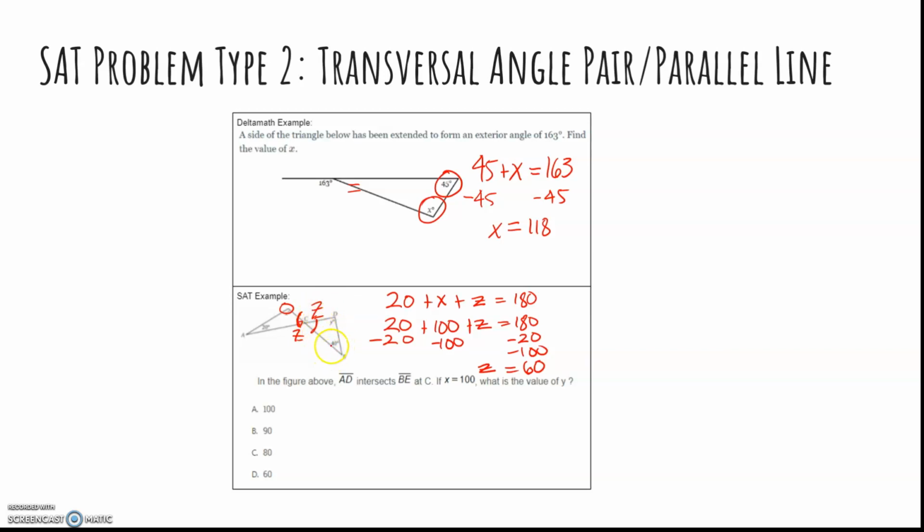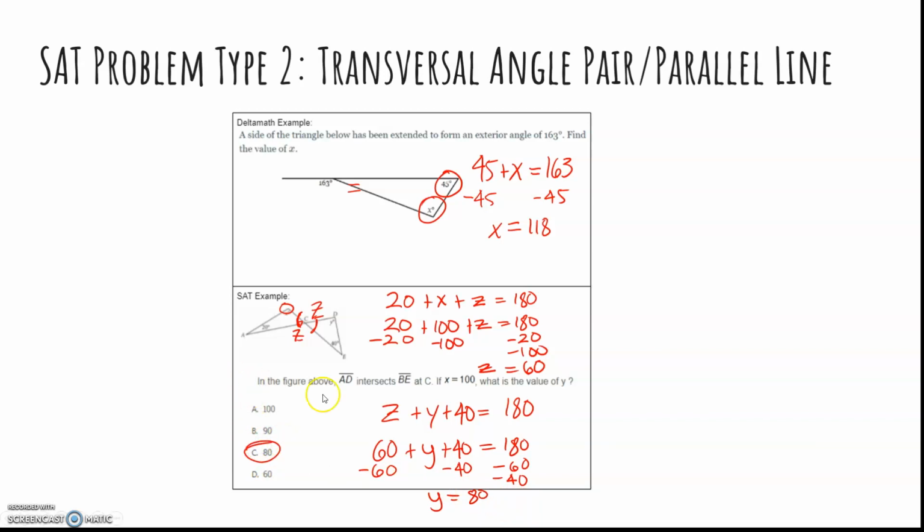So z plus y plus 40 adds to 180, because they're all interior angles of a triangle. We know z is 60 now, and we still don't know what y is. 60 plus y plus 40 equals 180. If I subtract 60 and 40, I end up with y equal to 80, which is C.